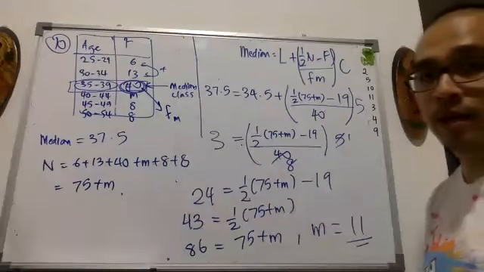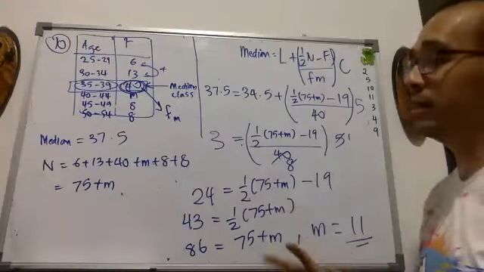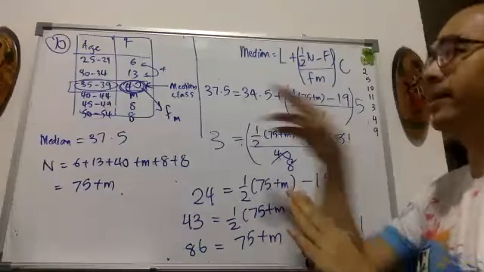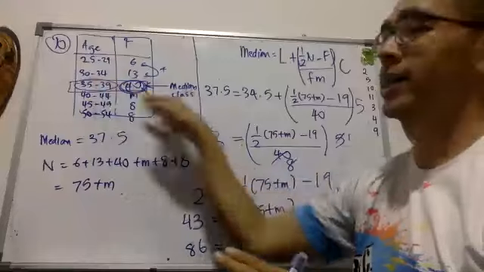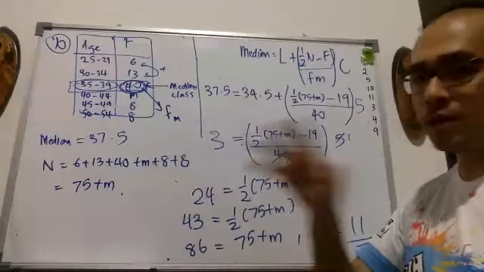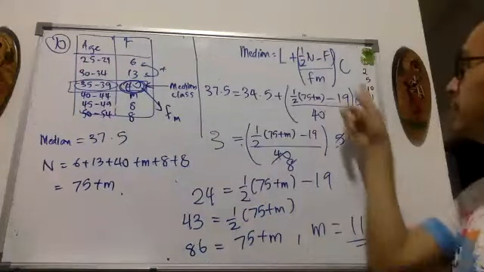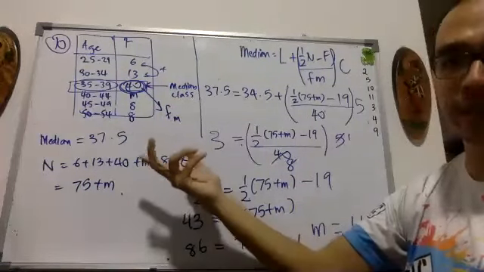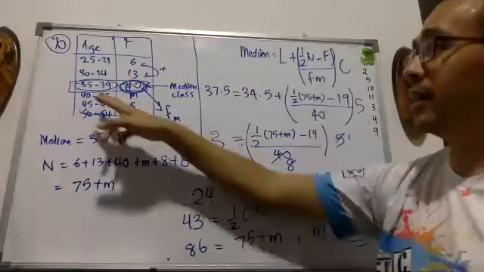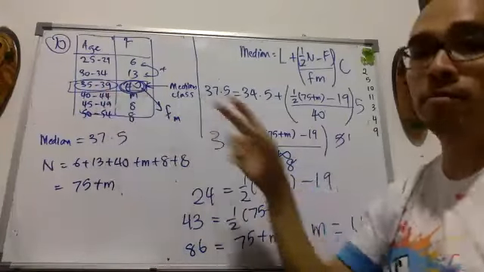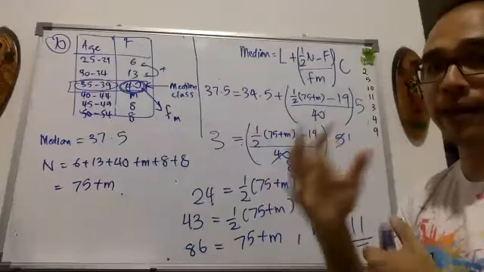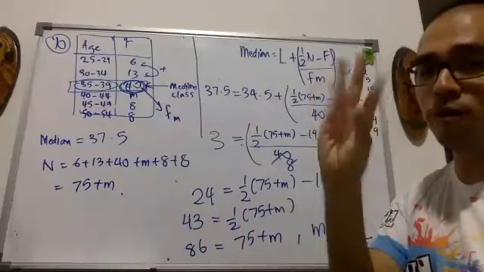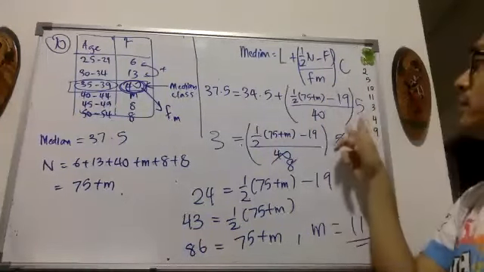But like I said, the important thing about the median, first quartile and third quartile is identifying the class, identifying the group. C is the size of every class, because all the classes are the same. From 35 to 39, how many numbers? Use your hand: 35, 36, 37, 38, 39. Five numbers, therefore the size is 5.